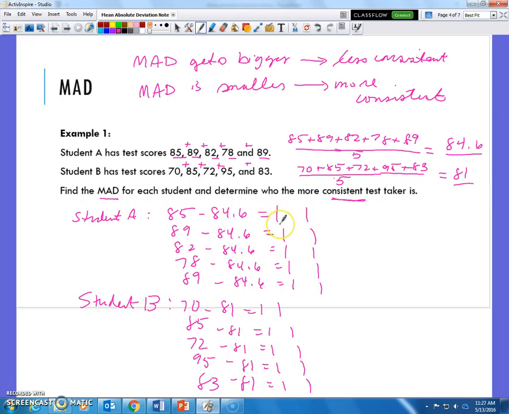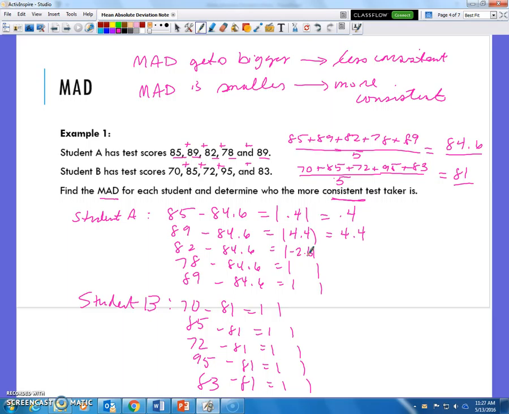These 2 lines that I wrote here are absolute value bars. What we're finding is not the difference, but how far away the number is from the mean. So 85 minus 84.6 is 0.4. As a distance, that is 0.4 away. 89 minus 84.6 is 4.4, and as a distance that is 4.4. 82 minus 84.6 is negative 2.6, but that's not a distance, because negative numbers can't be a distance.